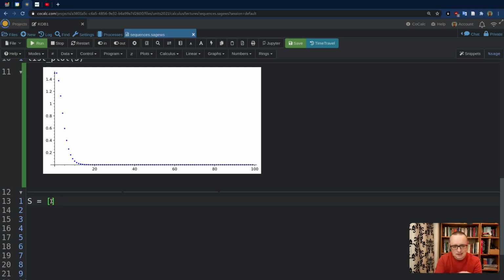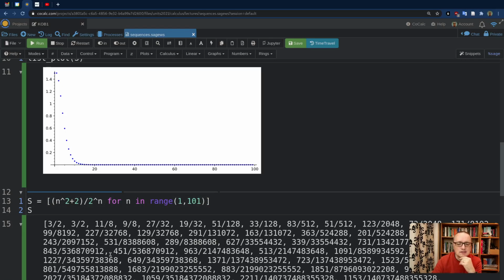So let me type out a list comprehension here that will generate exactly the same list S that we just generated. We're going to say that S consists of the quantities n squared plus 2 divided by 2 to the n for every n in the range 1 to 101. For a mathematician to type that is quite natural, because it looks like our set builder notation.